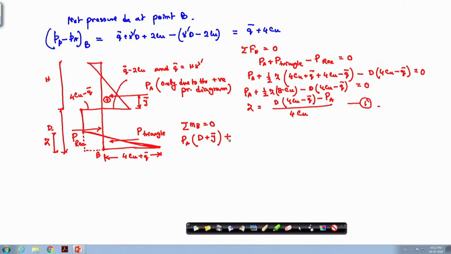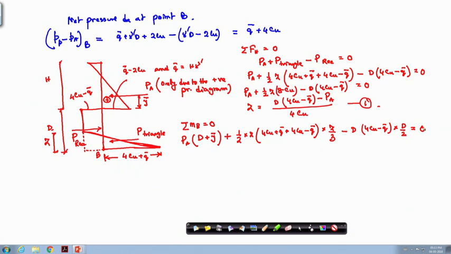Then the triangular force: half into z into 4 cu plus q bar plus 4 cu minus q bar, acting at a height of z by 3. Then minus the rectangle, which is d into 4 cu minus q bar, into d by 2, that is equal to 0.